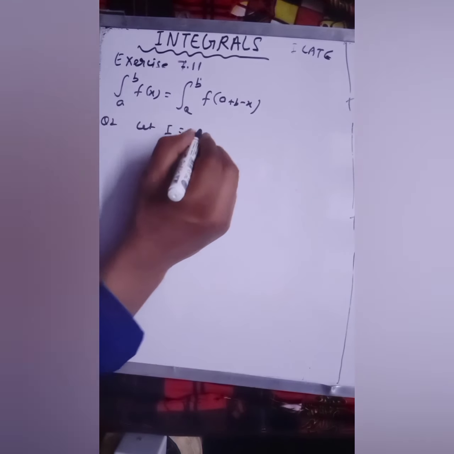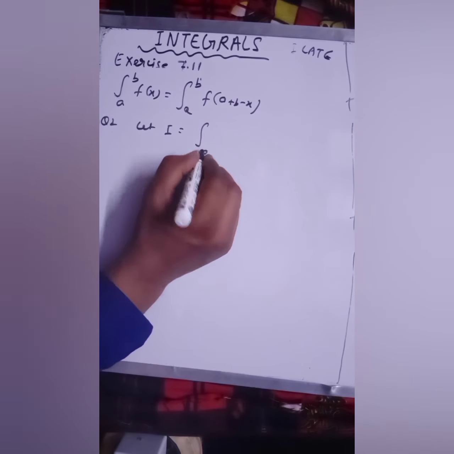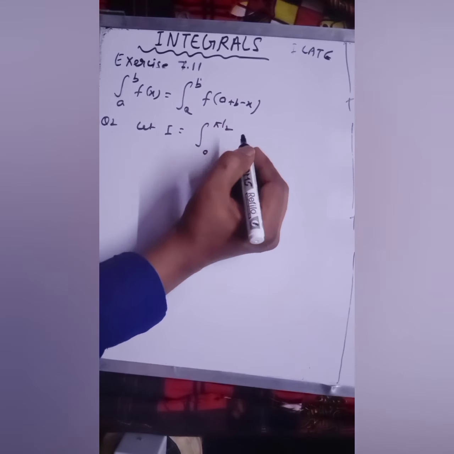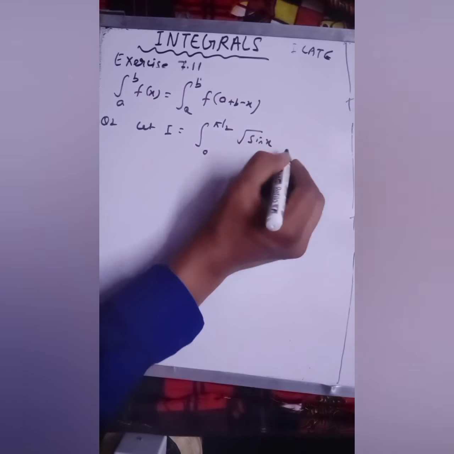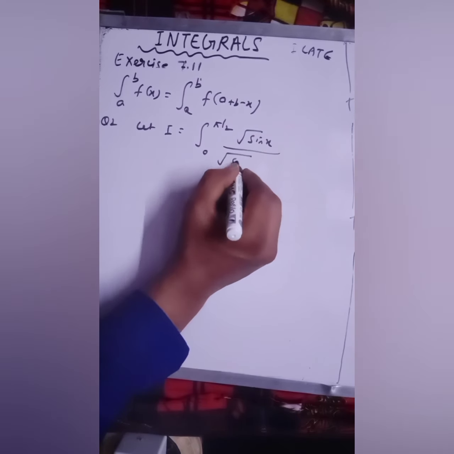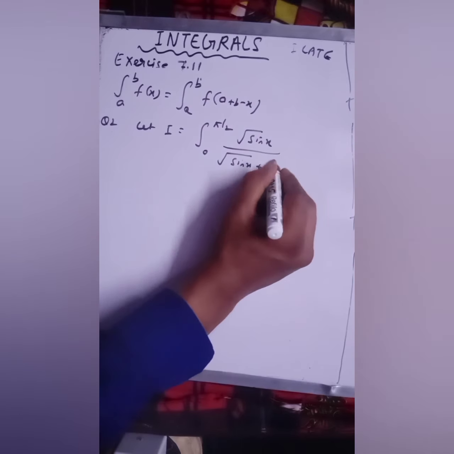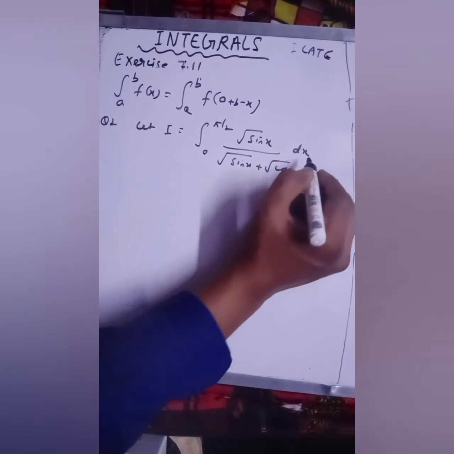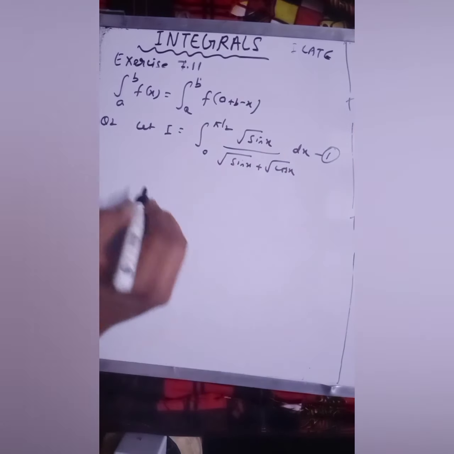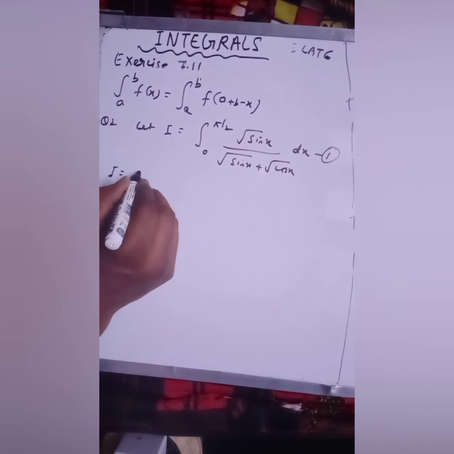Let I be equal to the integral from 0 to pi by 2 of under root sin x over (under root sin x plus under root cos x) dx. We have to solve this, so again we will apply the same concept. This is your equation number 1, which is given. So your I is equal to the same limit.